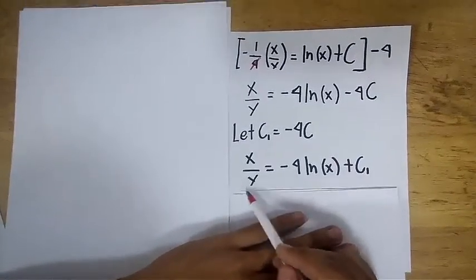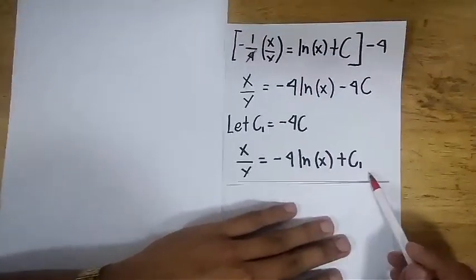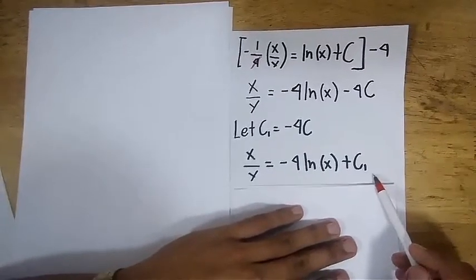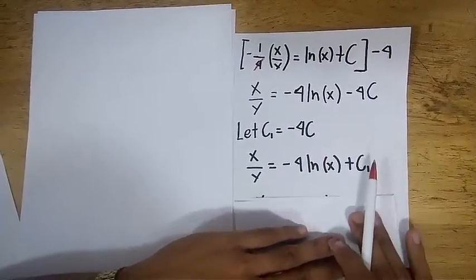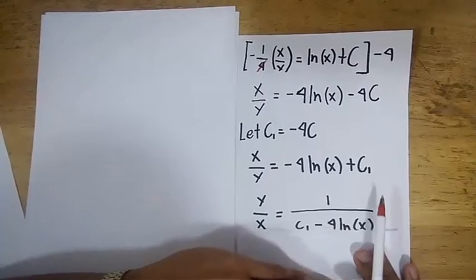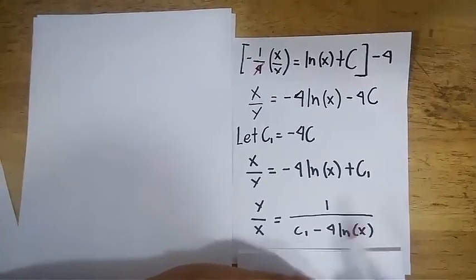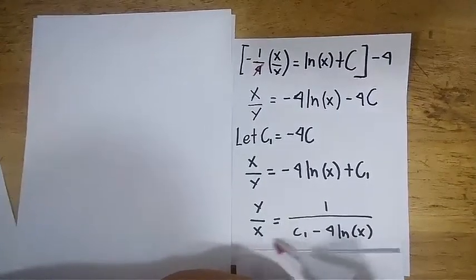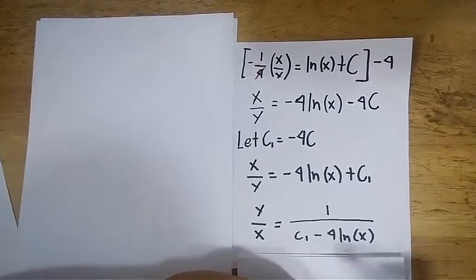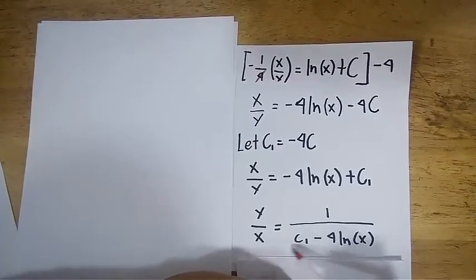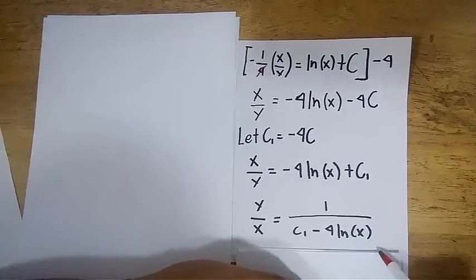So x over y equals 4 ln x plus c1, or let's reciprocate the value, it will be y over x equals 1 over c sub 1 minus 4 ln x.